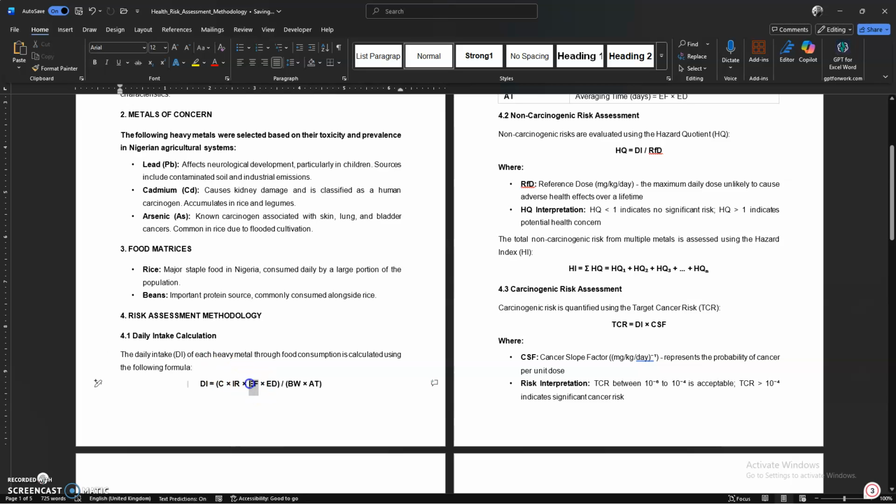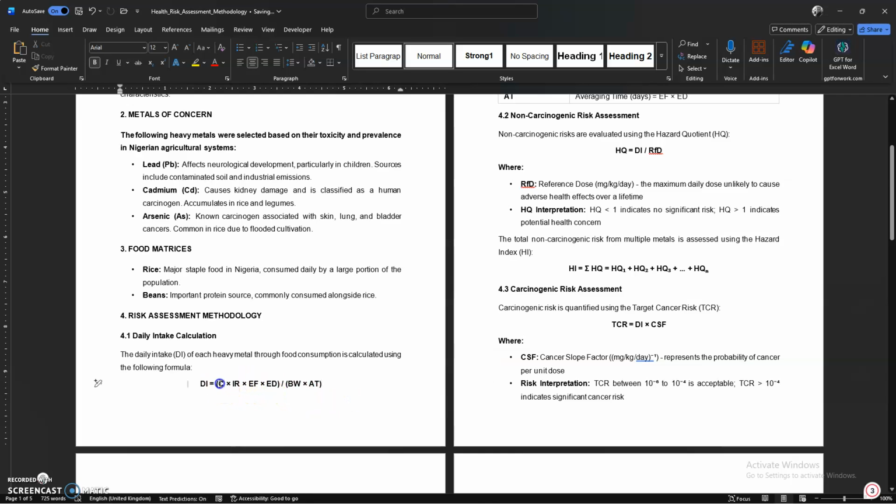This is the exposure frequency, how many times you eat the rice in a year. This is the exposure duration, how long you will be exposed to eating this rice. This is your body weight, and this AT is simply 365 multiplied by your exposure duration.